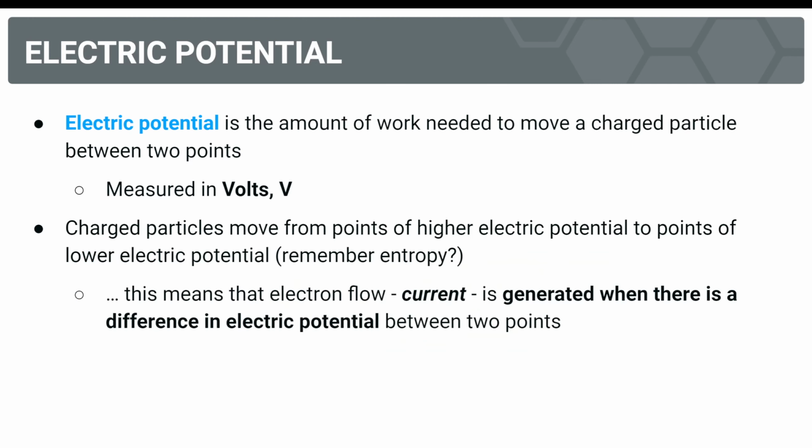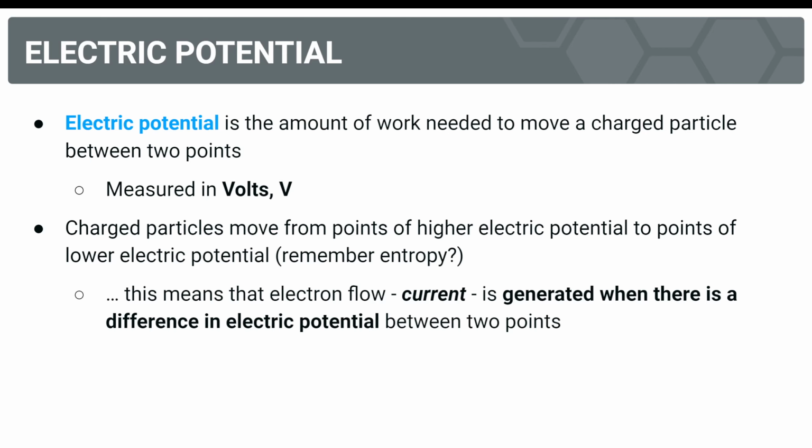We've got electric potential. It's the amount of work needed to move a charged particle between 2 points, and this is measured in volts. Let's consider a 2D space in which there are points of higher electric potential and points of lower electric potential. And we have a charged particle in one of the points of higher electric potential. What is it going to do?